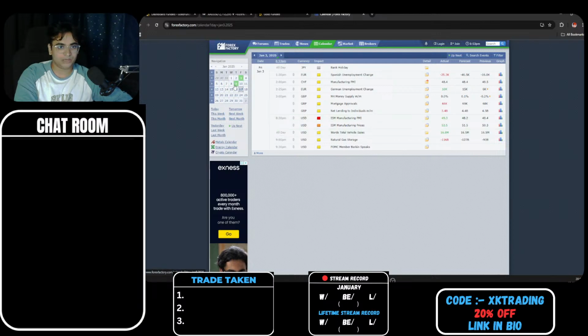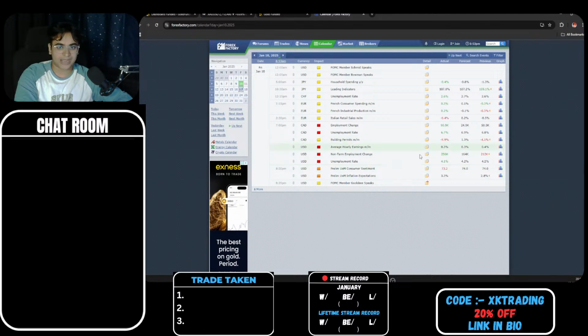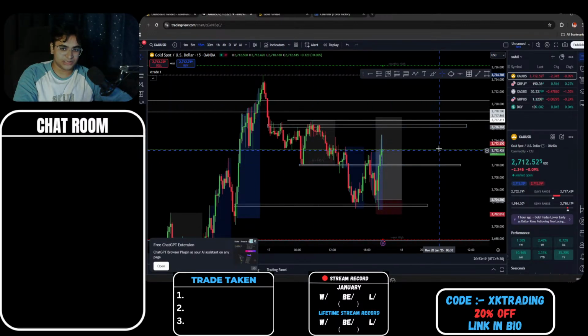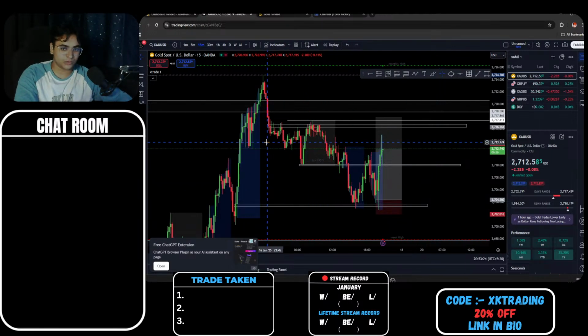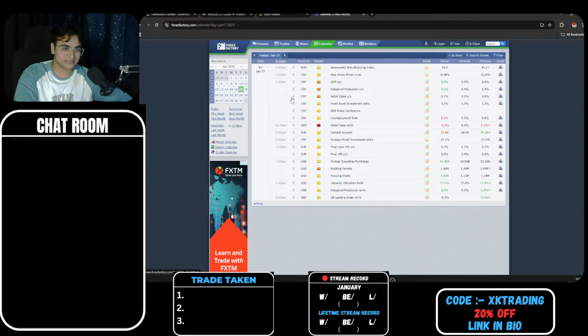Then on the 10th, with the NFP data, we had a huge upside for the USD. That means gold should be moving down. It has not moved down yet, but we're going to see this effect sooner or later. According to me, we're going to see this effect after 20 Jan, because the election will be finalized or something.